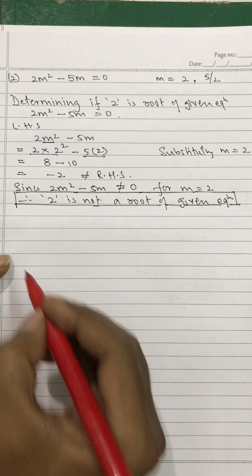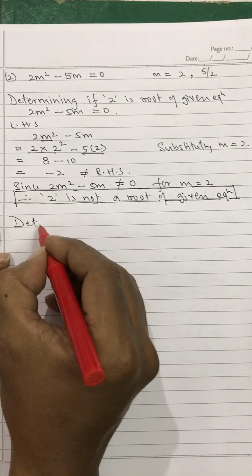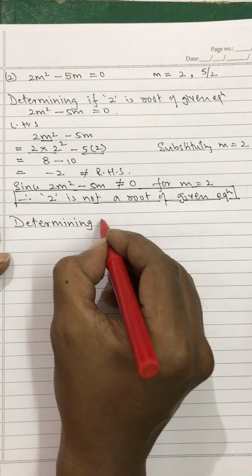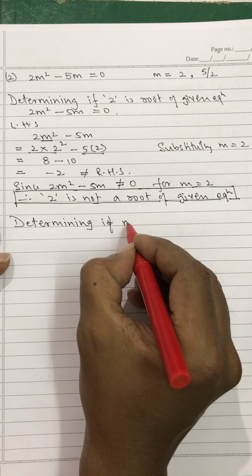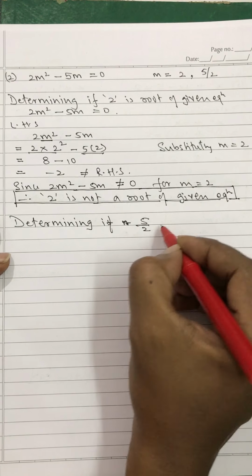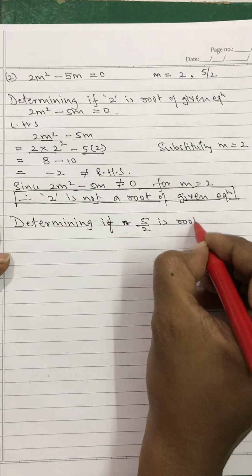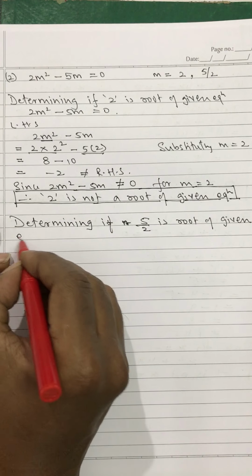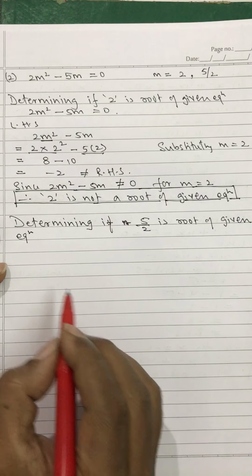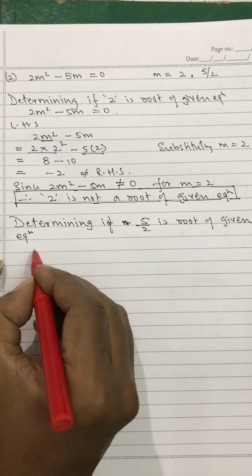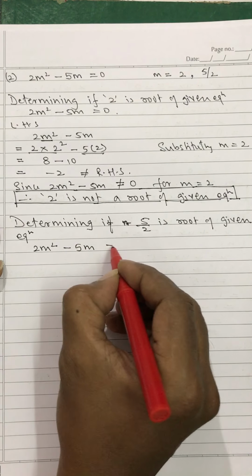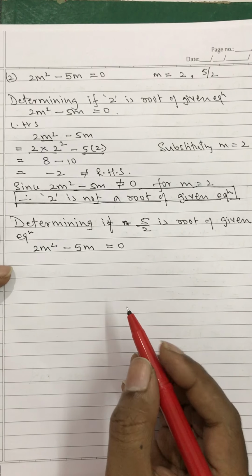Fine. Now next is determining if 5/2 is a root of the given equation. Then the equation is what? 2m square minus 5m is equal to 0. This is the equation.